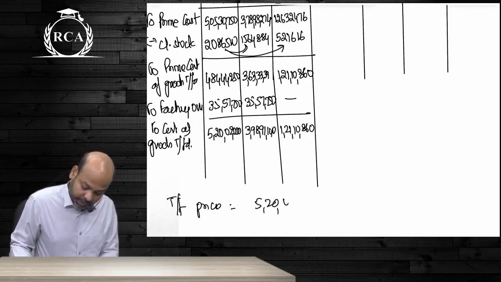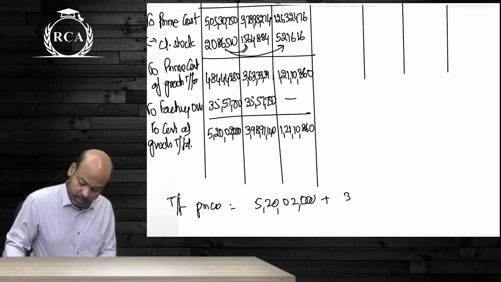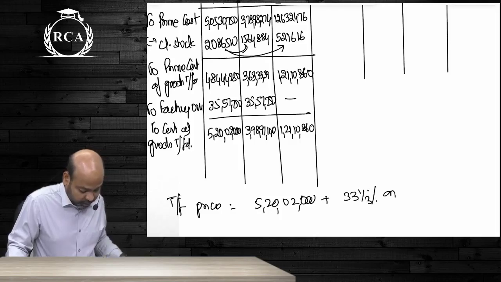On 5 crores 20 lakhs 2,000, beta, it is 33 1/3% on cost.